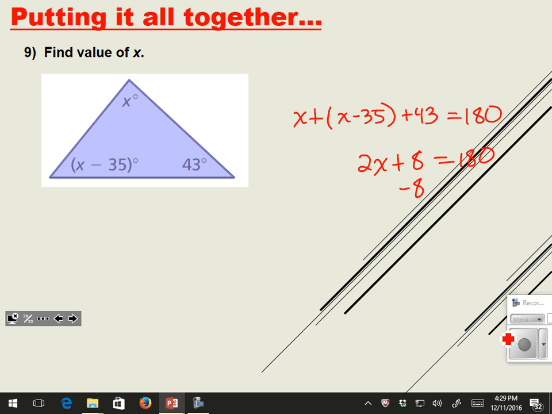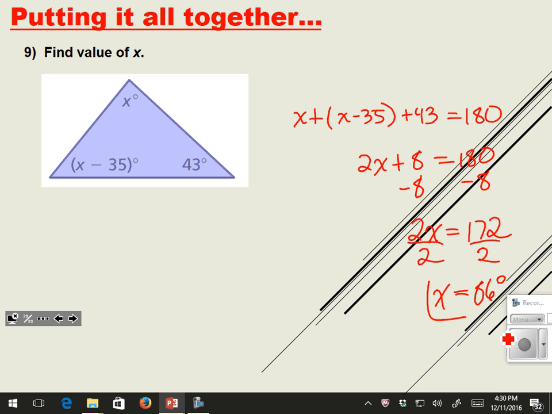I then subtract 8 from both sides. I then get 2X is equal to 172. Divide both sides by 2. X is then going to equal 86 degrees.